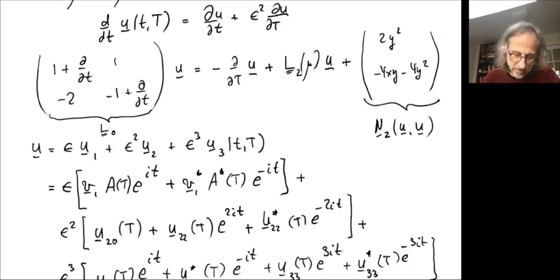The U1 is like a V1 times e to the it, and so that's the y component of V1 times e to the it. When we square that, we get either e to the it squared in this term, or we get e to the minus it squared, or we get the mixed product.